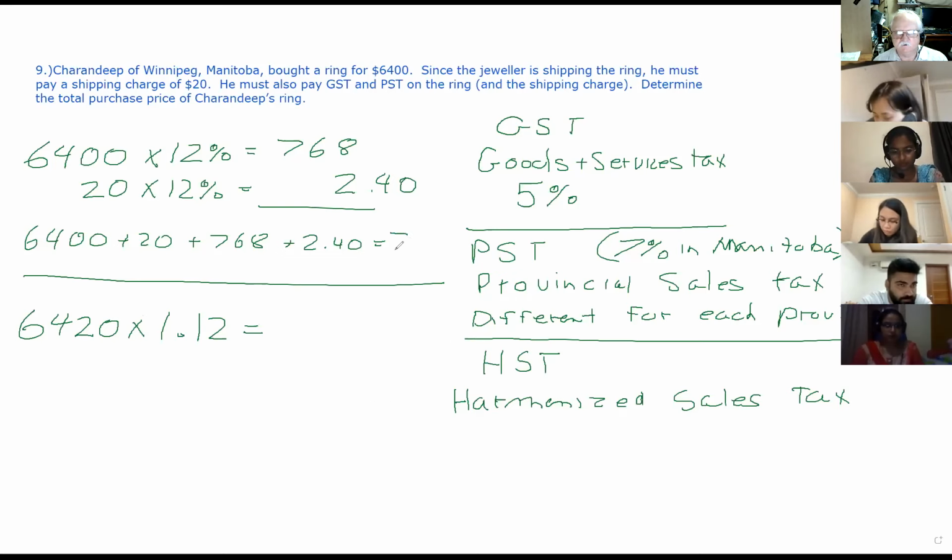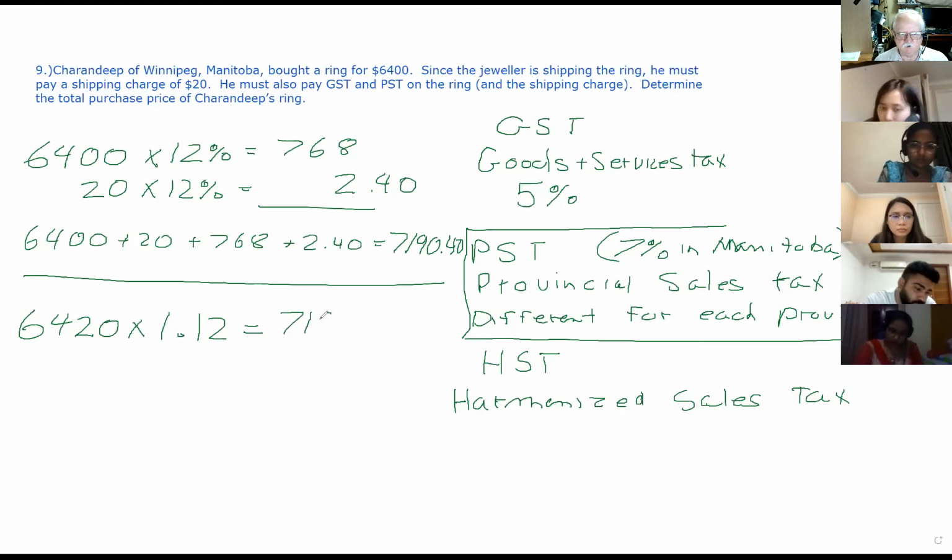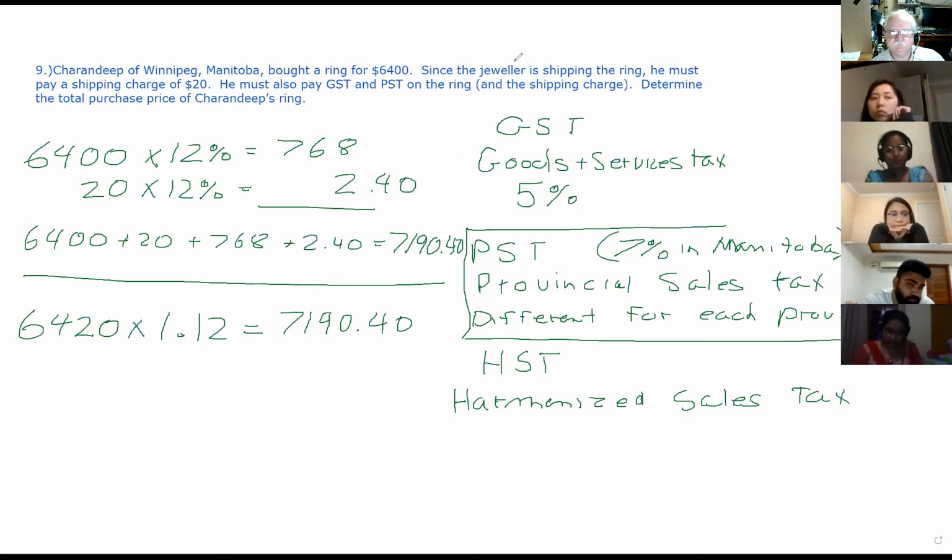We're getting $7,190.40. And down here, 6,420 times 1.12 equals $7,190.40.